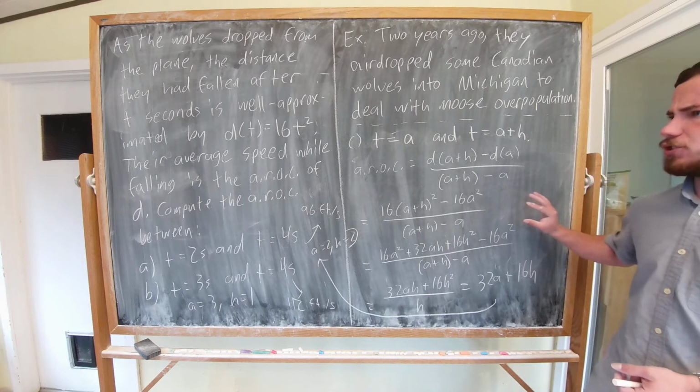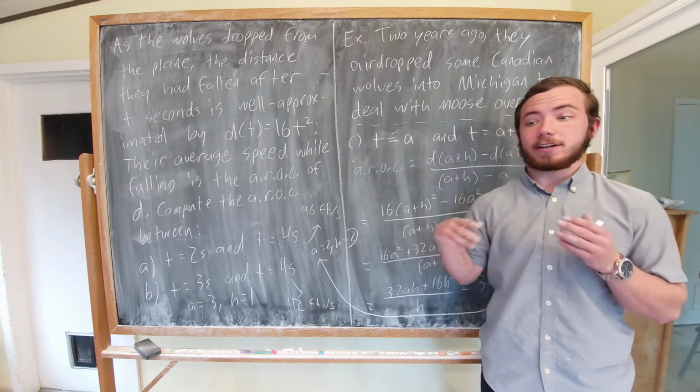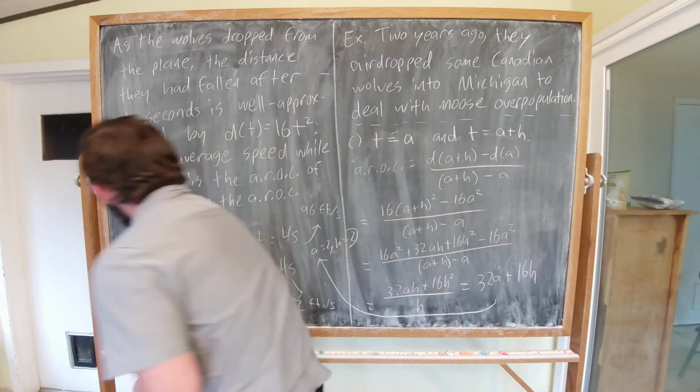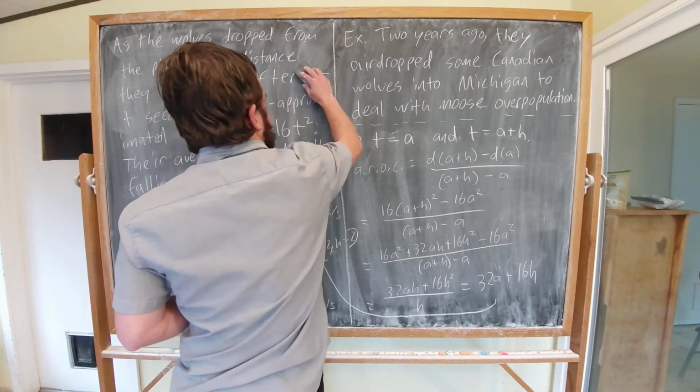But why is this relevant to calculus? How does this help us answer our tangent line problem? For that, let's draw a picture.